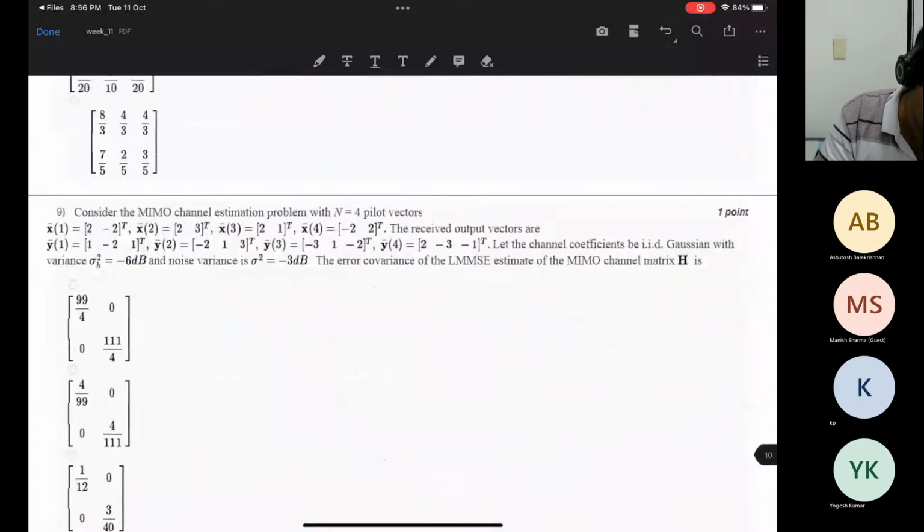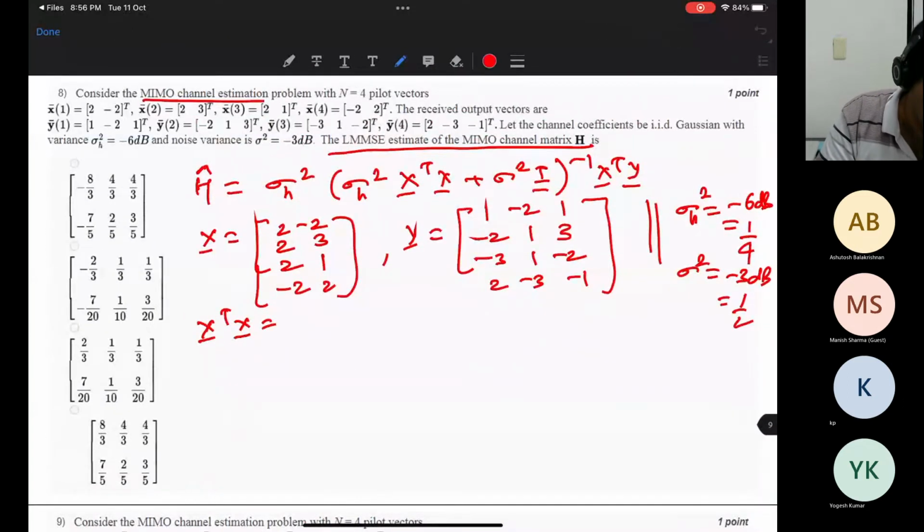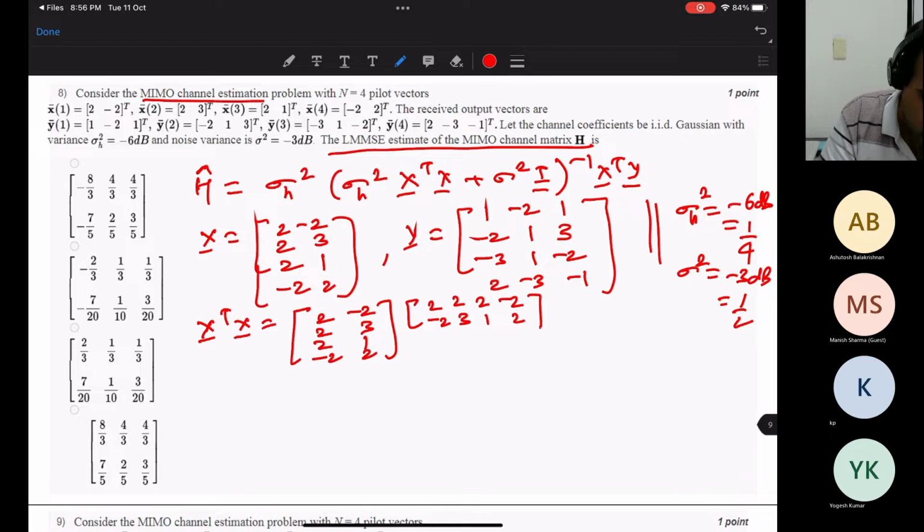So X transpose X is 2, 2, 2, -2, -2, 3, 1, 2 times 2, -2, 2, 3, 2, 1, -2, 2. If we solve this, it comes out to be 16, 0, 0, 18. This is X transpose X.